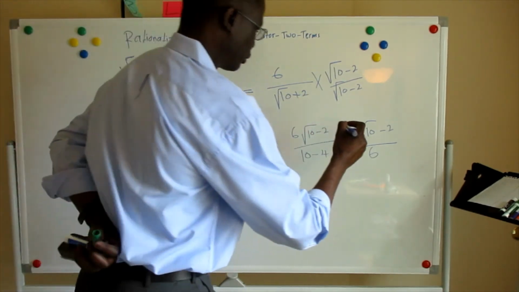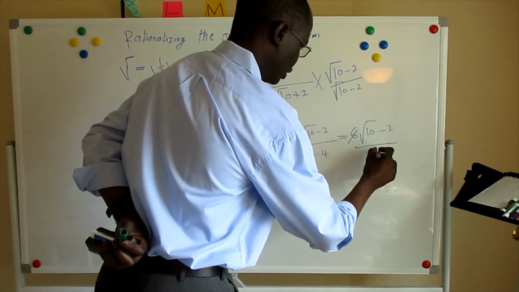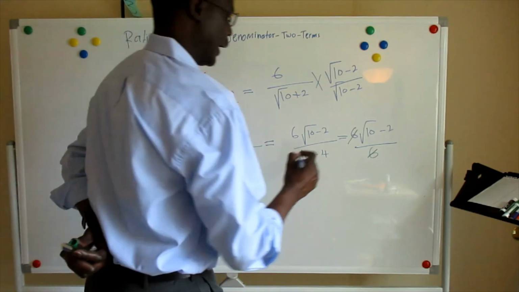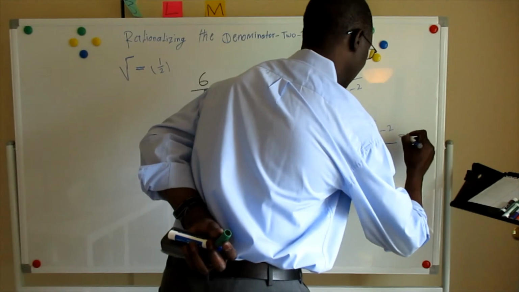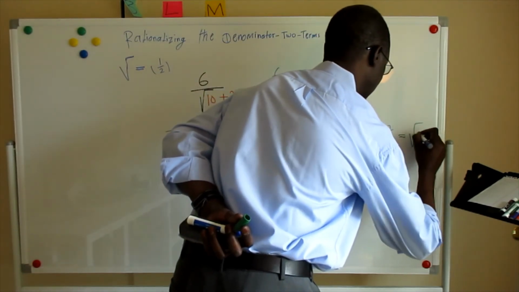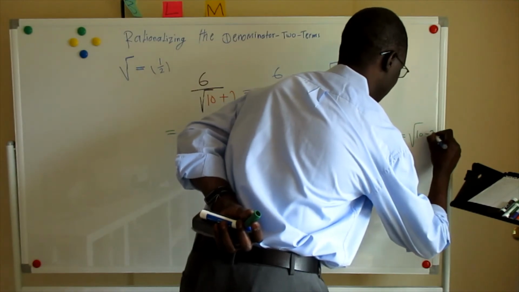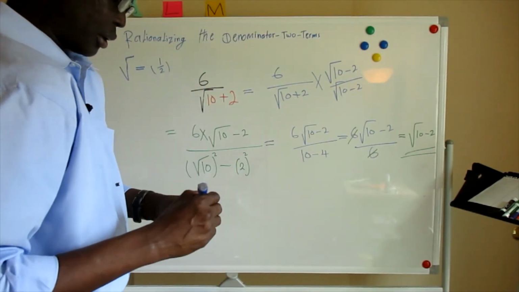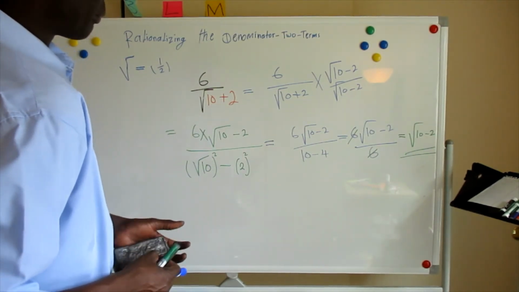You're going to do a division, dividing 6 by 6, and the answer will equal root 10 minus 2. This should be your answer to this problem.